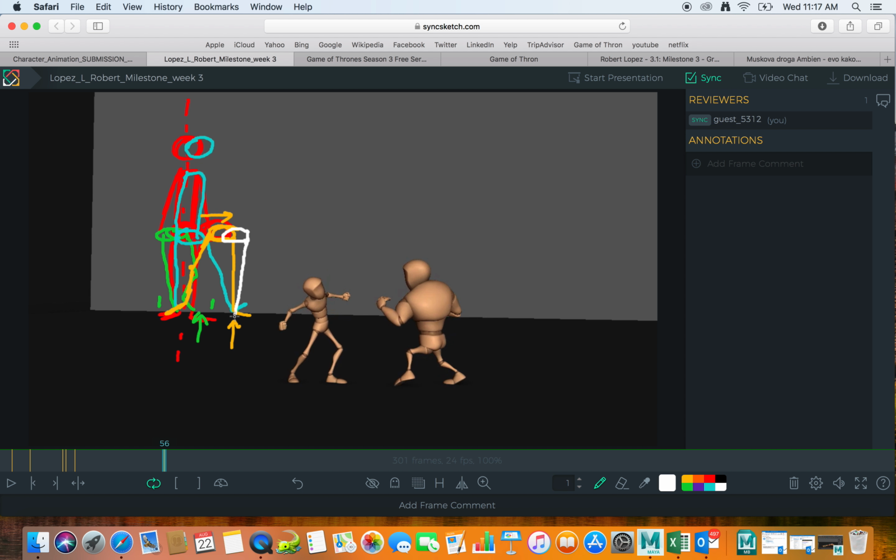So that's that additional weight shift over this supporting leg, while this leg goes up, traveling this way, and finally he goes a little bit back, settling in as this leg comes down for new contact.